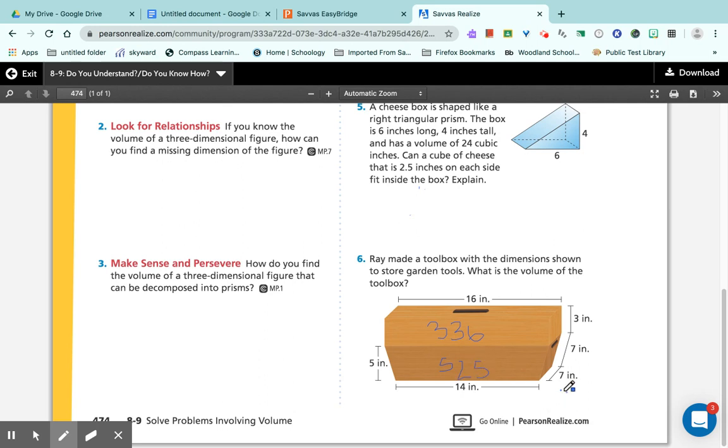And adding them together is going to be 861 inches cubed. Okay, so figuring out this shape here and then the top and adding them together. Okay. All right.